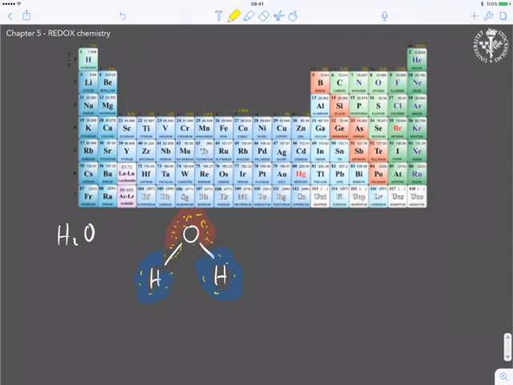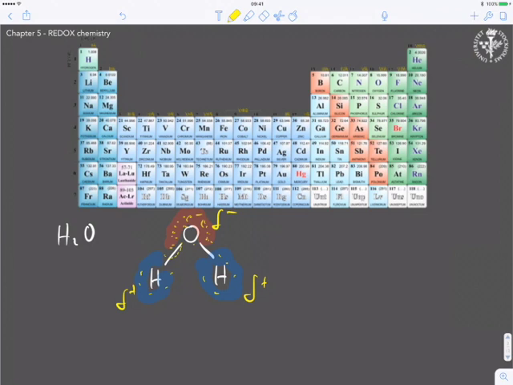But this is not an ionic bond, and this will give you a minus charge here and a positive charge here. This is the real way of representing a molecule.